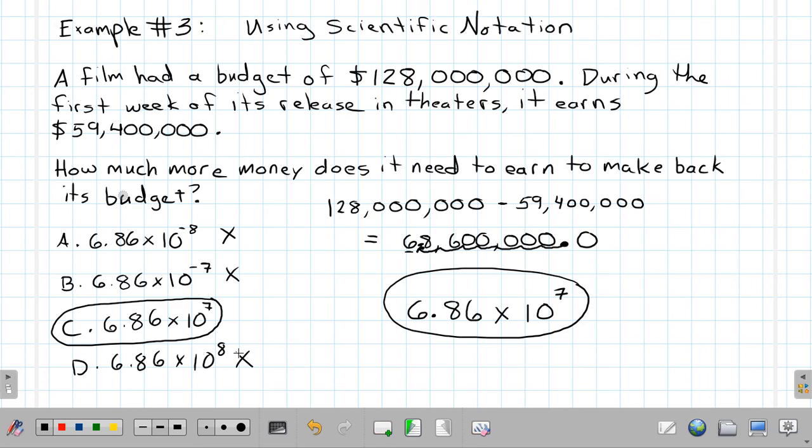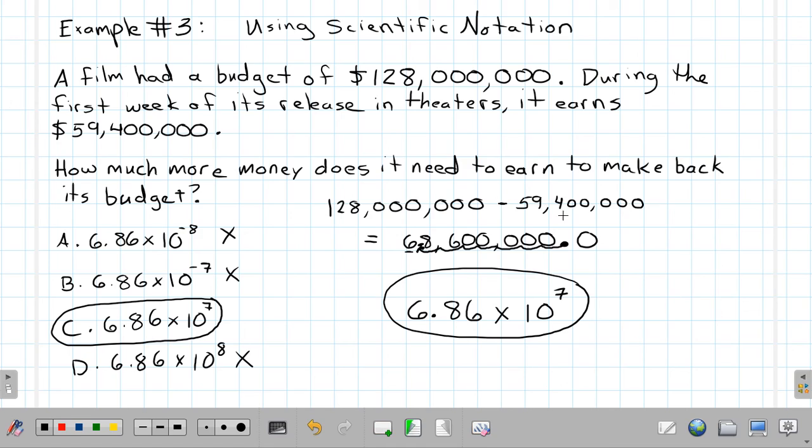Okay, now once again, this type of question relied on you being able to know about money and how money works, so some common sense operations with money here. So if they spent $128 million to make the movie and it made $59,400,000 its first week of release, then that means they still have $68,600,000 left that they need to make before they can even start making money on their movie.